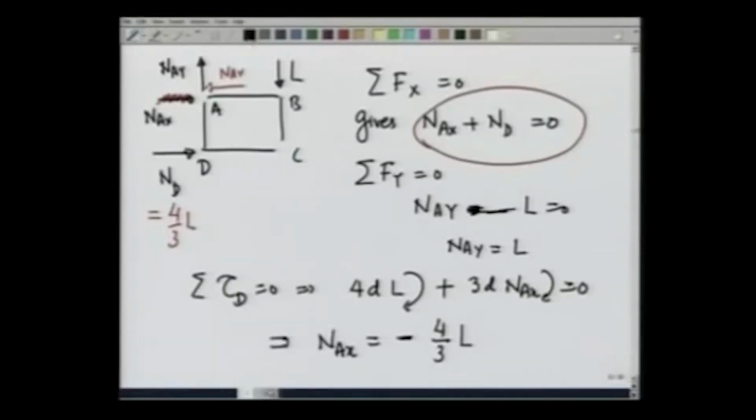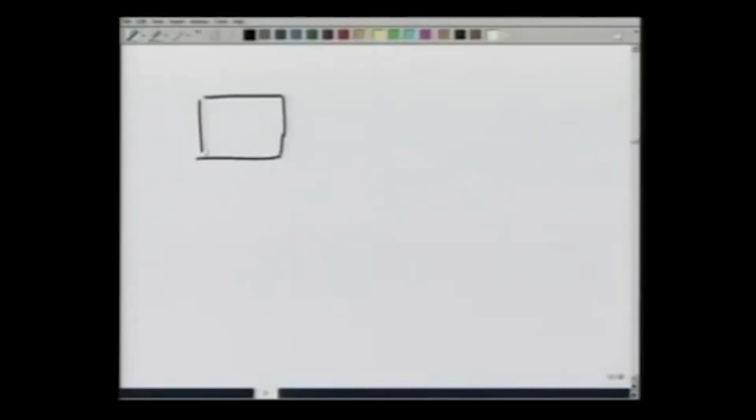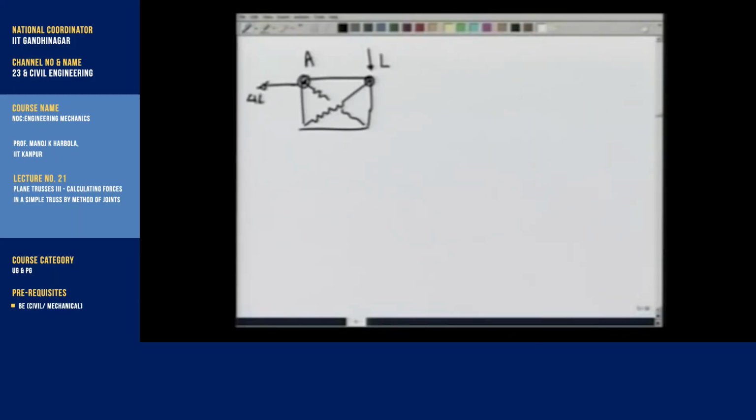So, now we know the external forces in the system. What we have is L here at point C, at point A, I have a force acting towards the left, 4L by 3, a force acting vertically up, L. I have a force acting on this joint in this direction, 4L by 3, and I want to calculate other forces.